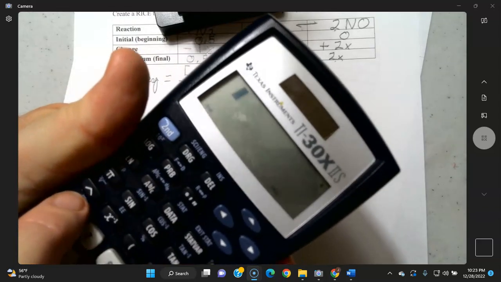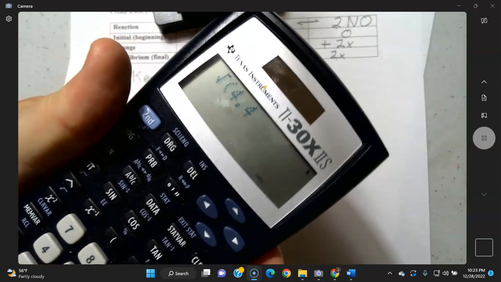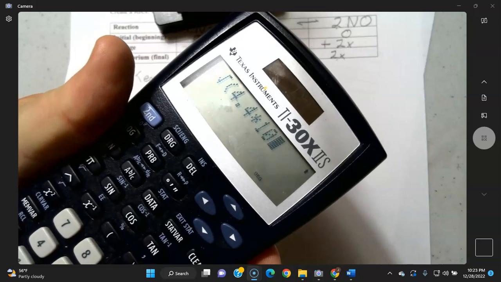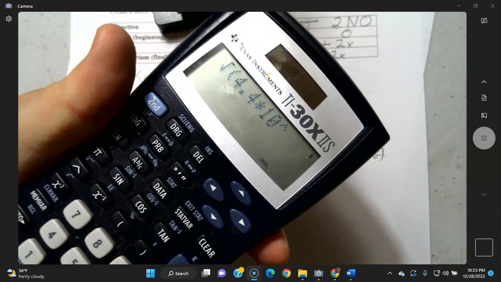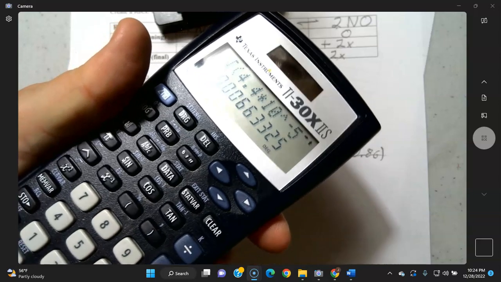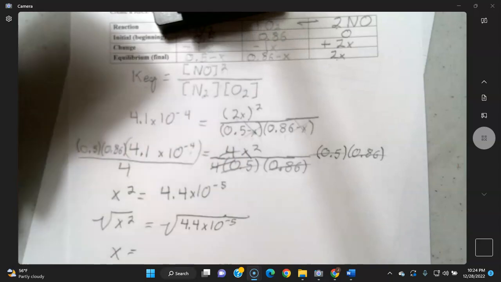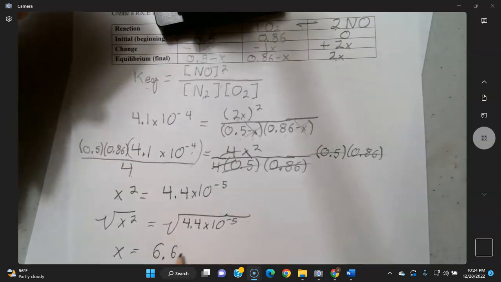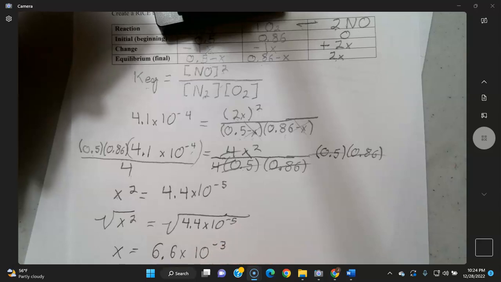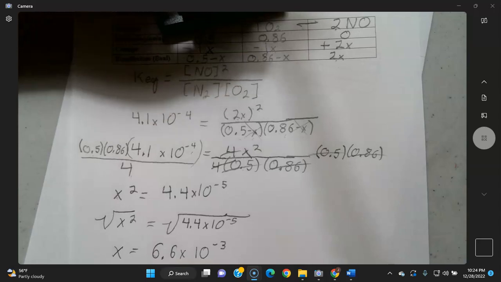So second x squared gives me the square root, 4.4 times 10 caret negative 5, close the parentheses, and that gives us 0.0066. So we're going to call that 6.6 times 10 to the negative 3rd. Okay? All right, so that's our value of x.